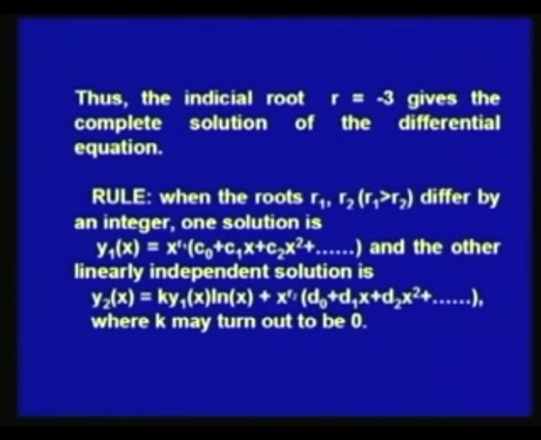And thus, for dealing with the differential equations where the roots of the indicial equation differ by an integer, one solution will be x to the power r1 into (C0 plus C1x plus C2x square and so on), while the other solution could be k times y1(x) into ln x plus x to the power r2 into (d0 plus d1x plus d2x square and so on), where k may turn out to be 0.